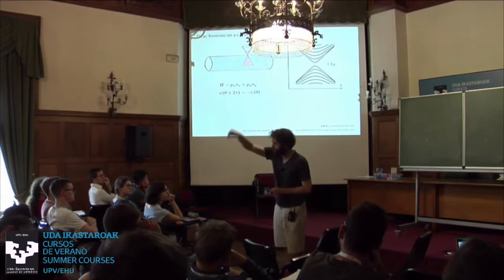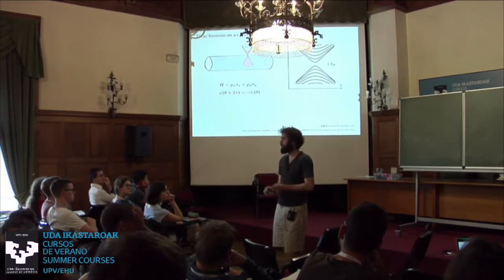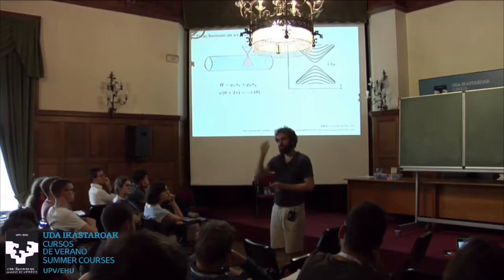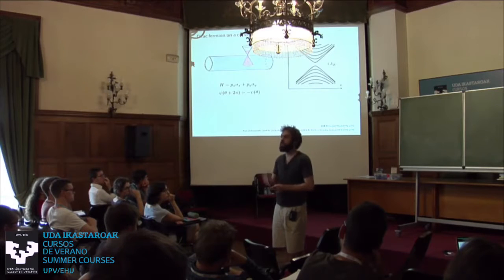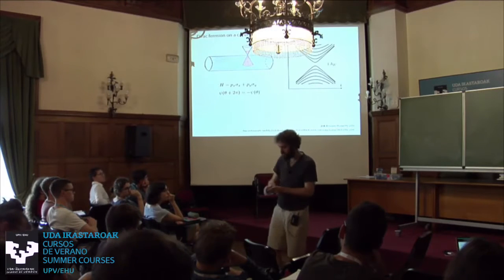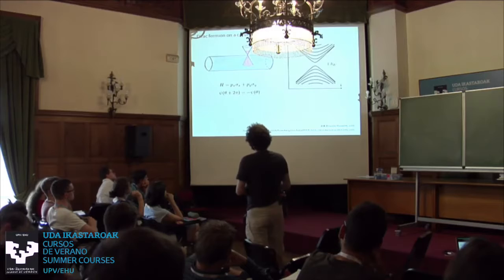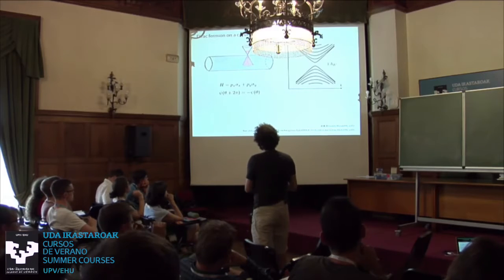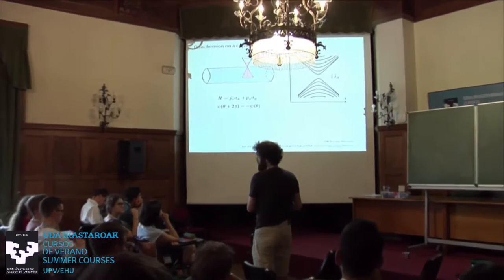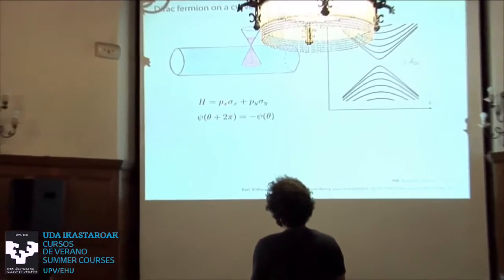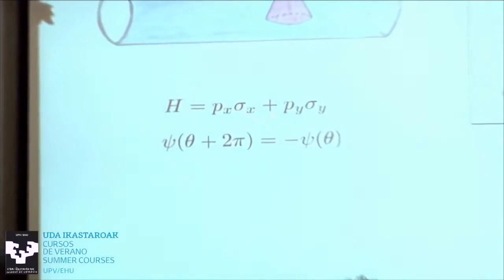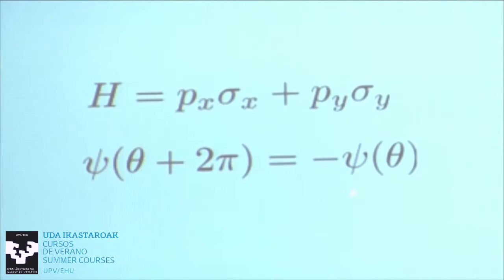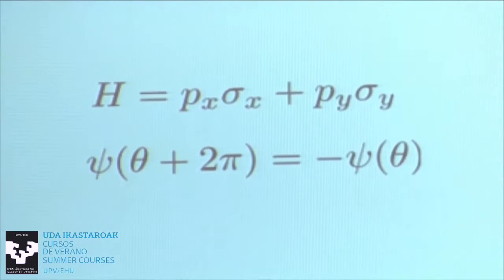As the momentum goes in a circle, the spin goes in a circle. And when I come back to the same point after encircling the cylinder once, since the spin rotated by 2 pi, the wave function comes to minus itself. Now, if you just solve this equation, Dirac fermion with anti-periodic boundary conditions, this is what you get.